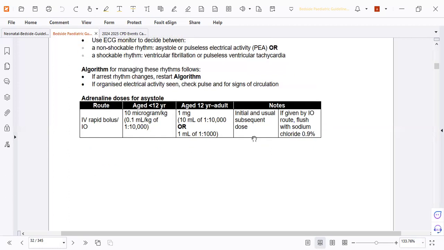In this timetable, we have the adrenaline dose for asystole, which many of you are familiar with. We have the IV rapid bolus or interosseous, okay.